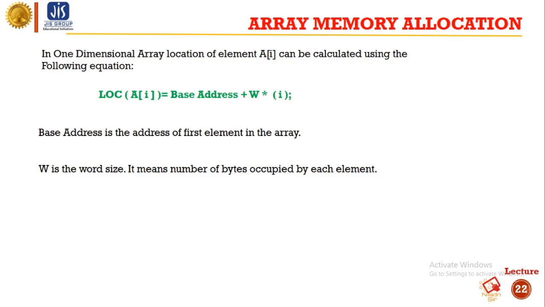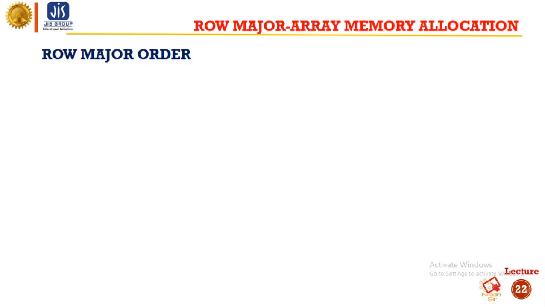It depends on which value you want to store, integer or float, and also on the compiler, as each compiler may vary it. Now, row major order. It can be calculated using row major and column major order.